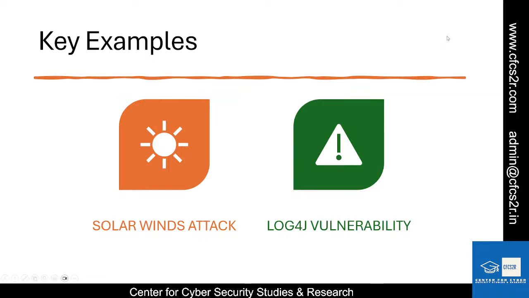Now, we will discuss the two main cybersecurity issues that have arisen because of the supply chain. Everybody might be knowing about these two important supply chain attacks. One is the SolarWinds attack, and one is the Log4j vulnerability. We will see both of these important vulnerabilities.